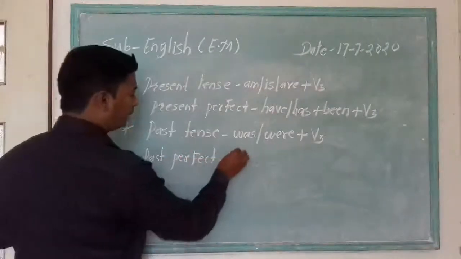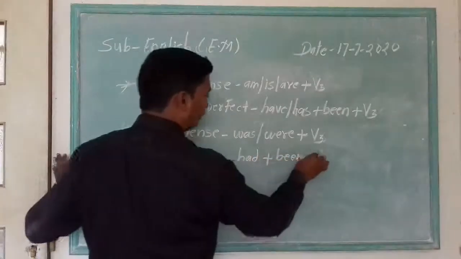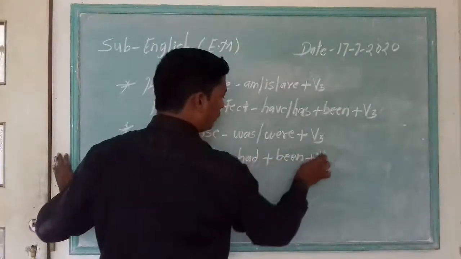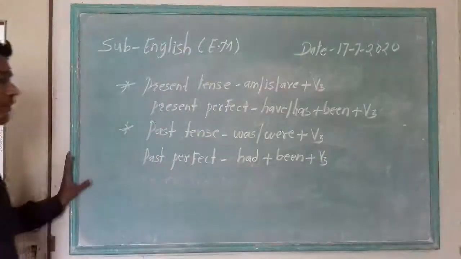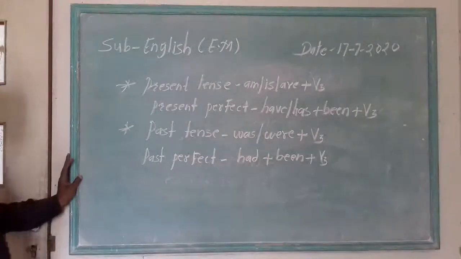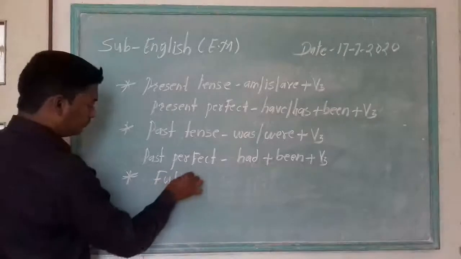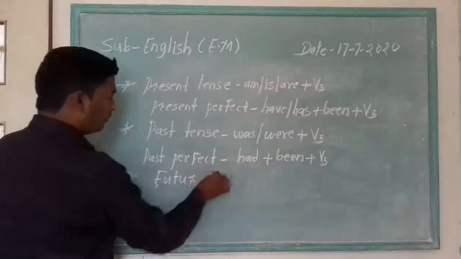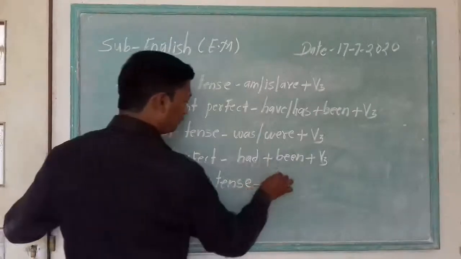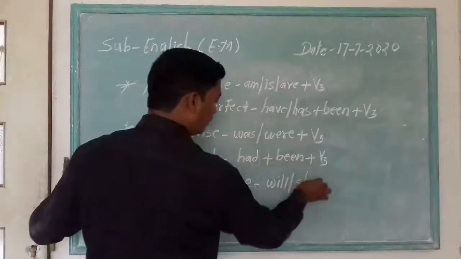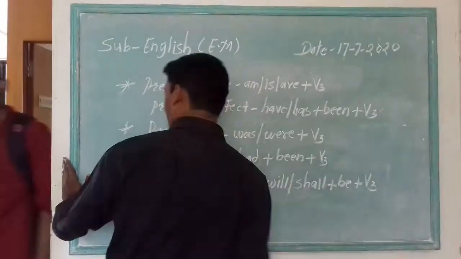Past perfect: had plus be plus V3. Future tense: will, shall plus be plus V3.